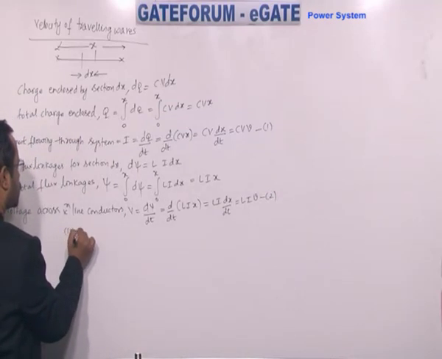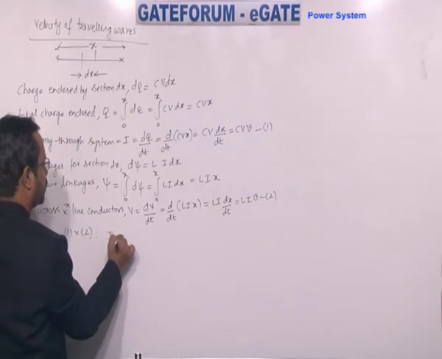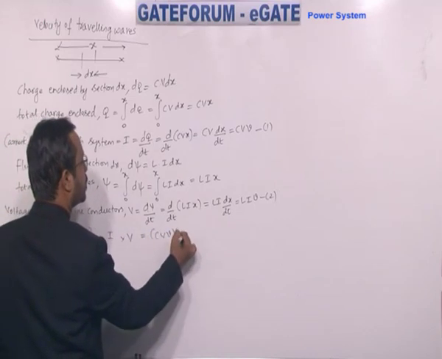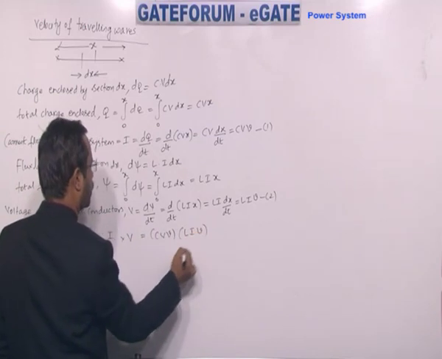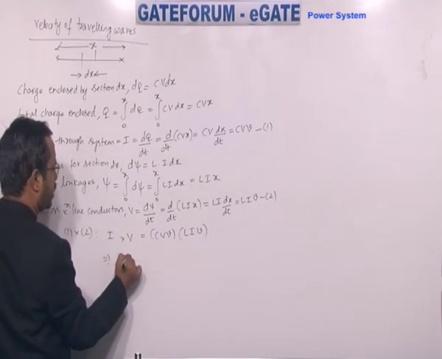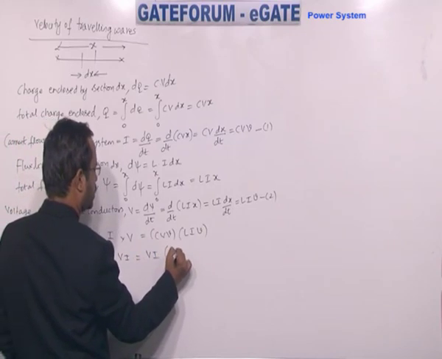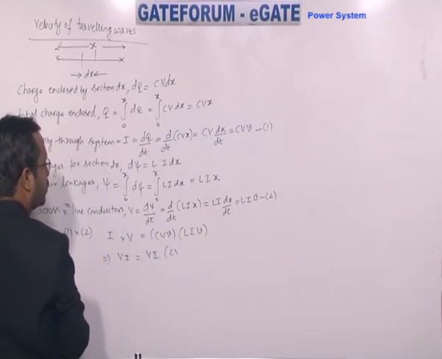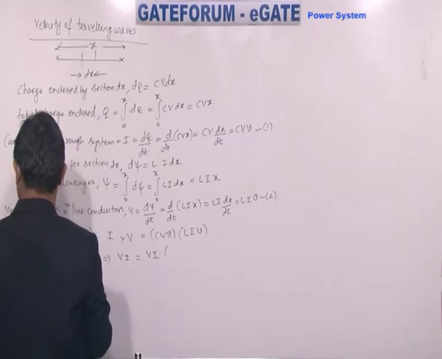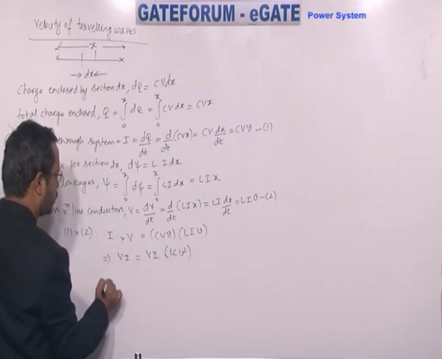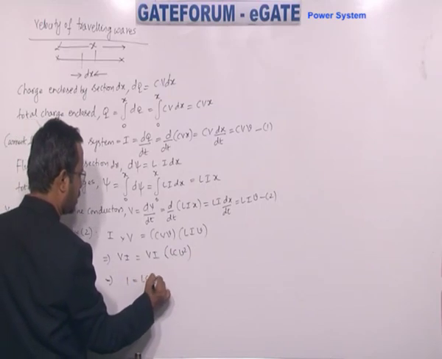Multiply equations 1 and 2 now. So I is CV into v, and V is LI into v. So on this side VI, and here also you take out VI, you get LC into v square. So VI gets cancelled.